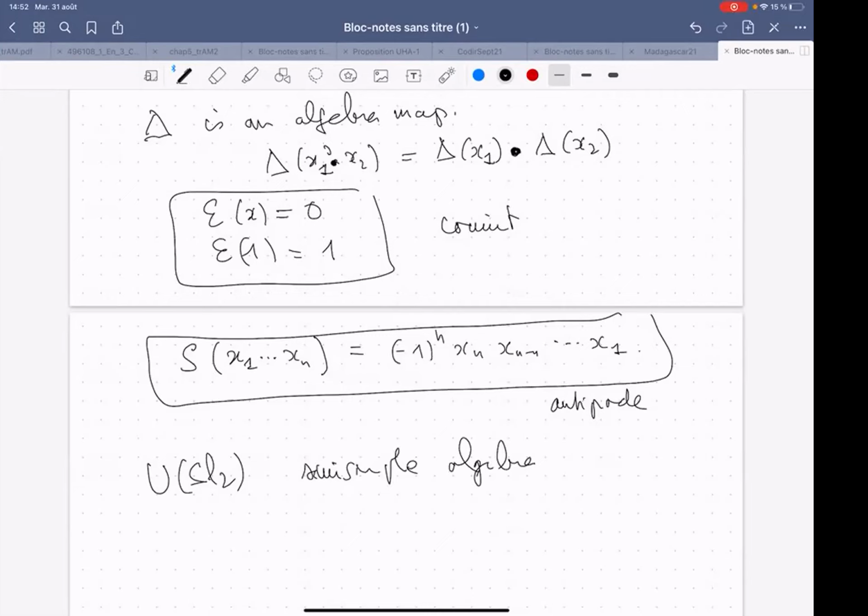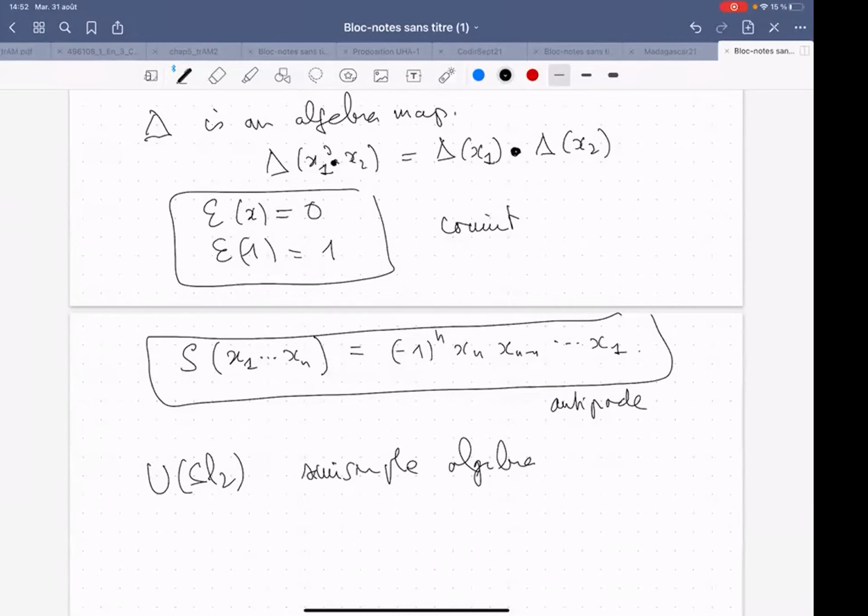This is a property I could explain later. We don't have deformation of this. That's why we were interested in constructing quantum groups, which provides the deformation.